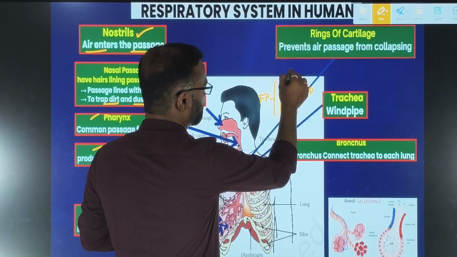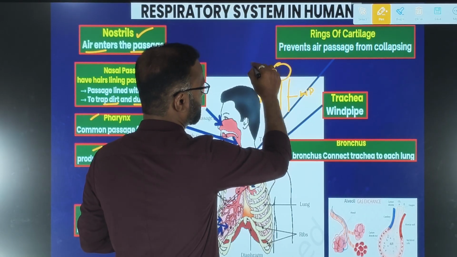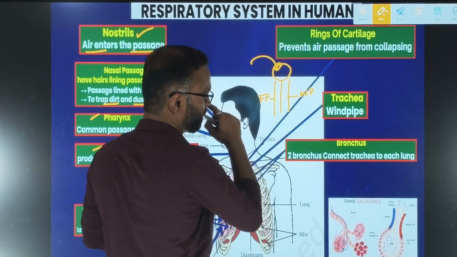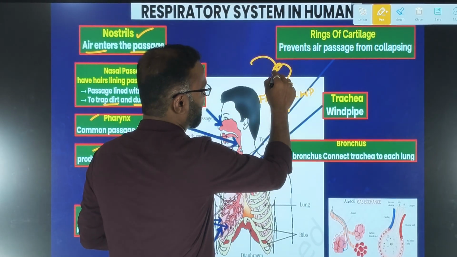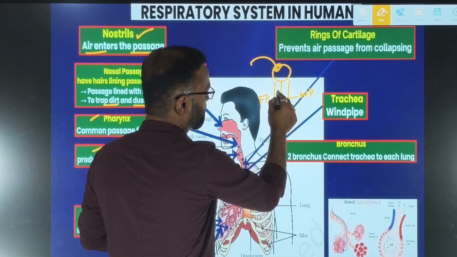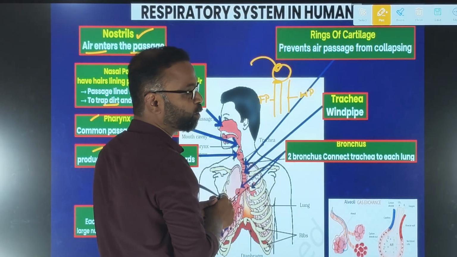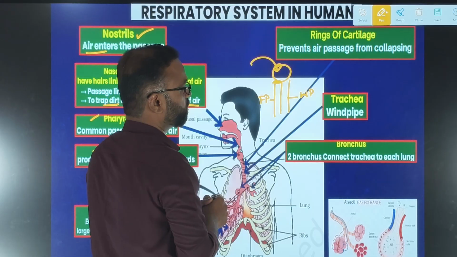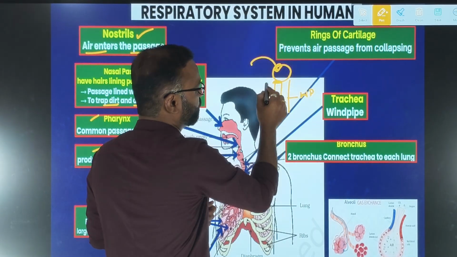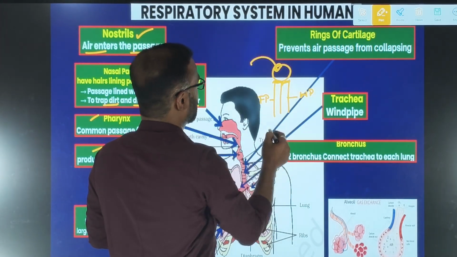And this is the region which is a common passage where the air will enter. When the air is entering the windpipe, the food pipe will get closed with the help of the epiglottis. Sorry, when the food is entering the food pipe, the windpipe will get closed.